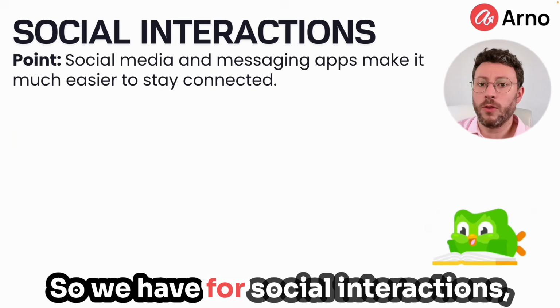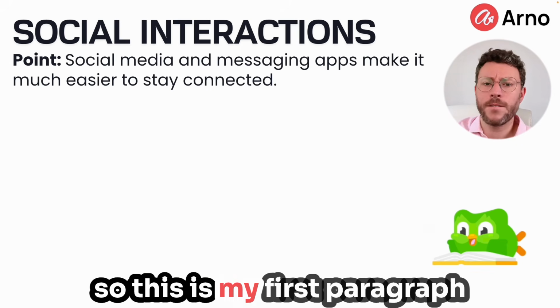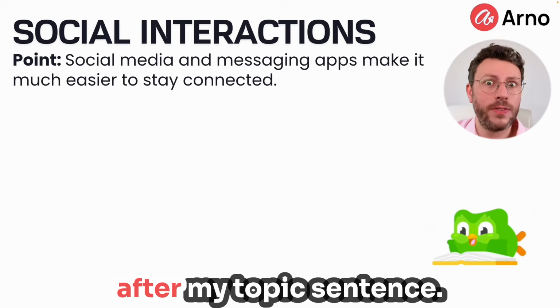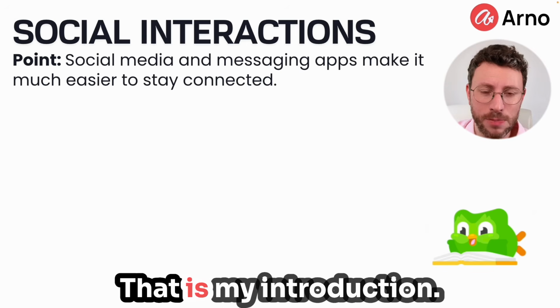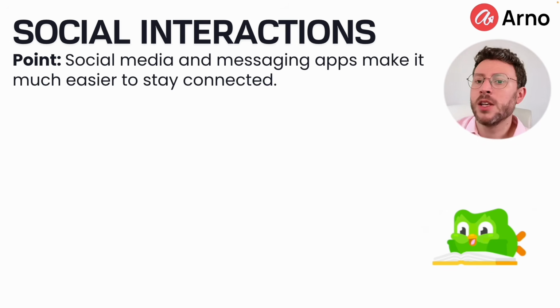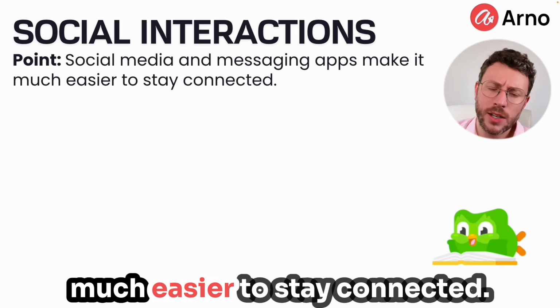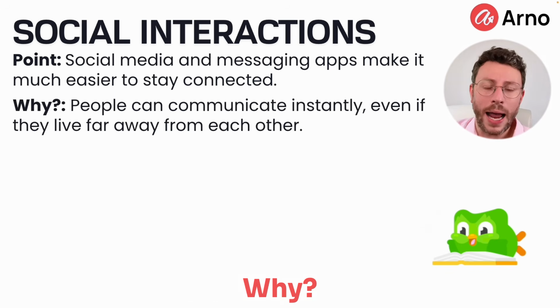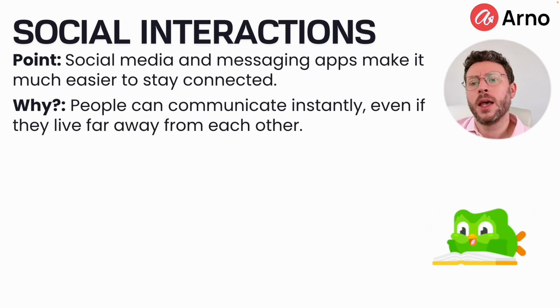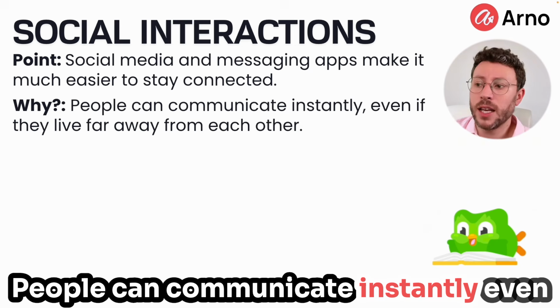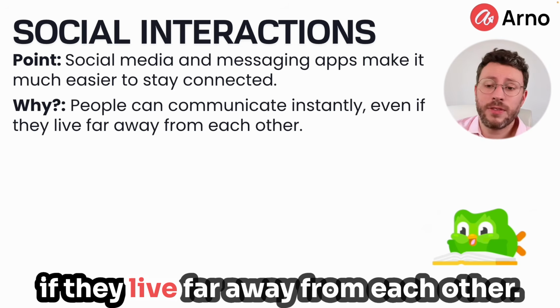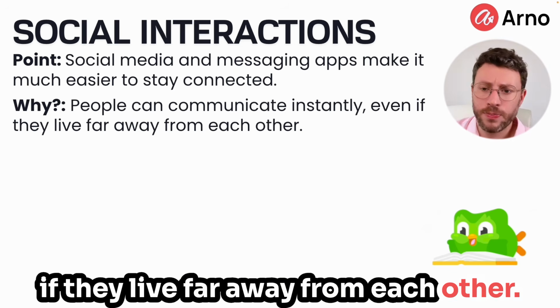So we have for social interactions, so this is my first paragraph after my topic sentence. That is my introduction. So for example, social media and messaging apps make it much easier to stay connected. Why? That's the explain. Why? People can communicate instantly even if they live far away from each other.